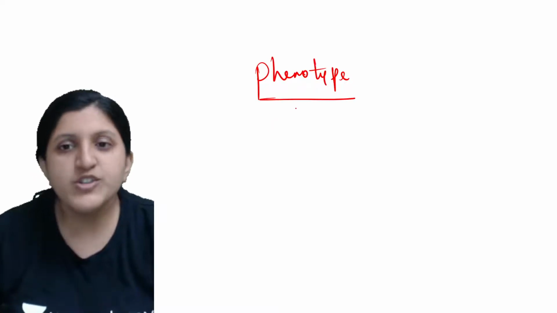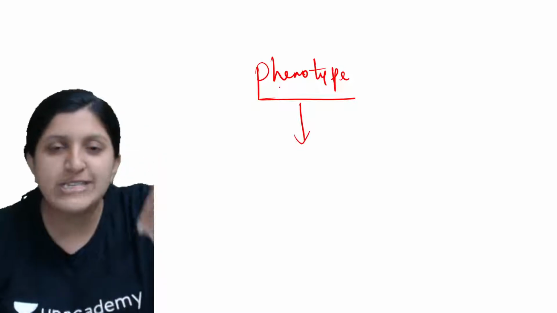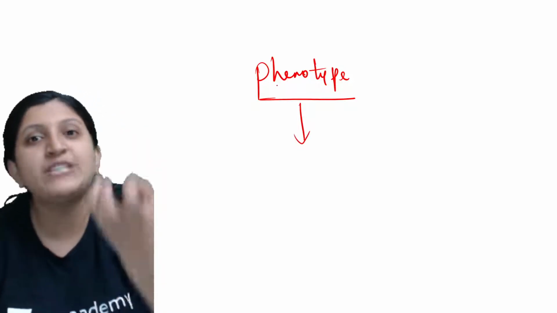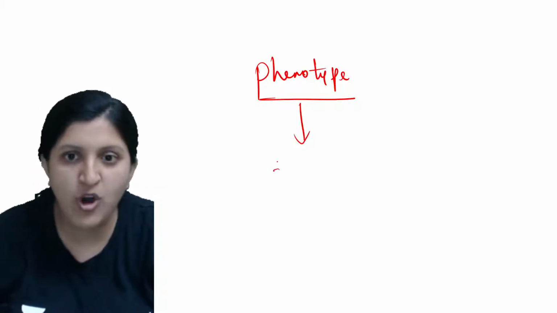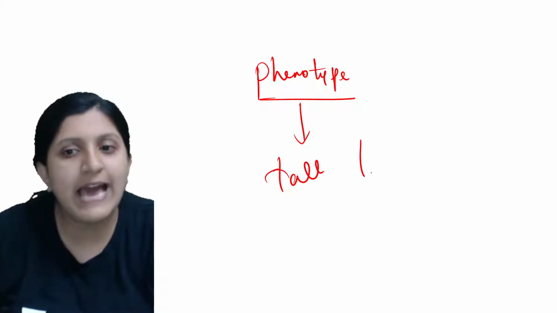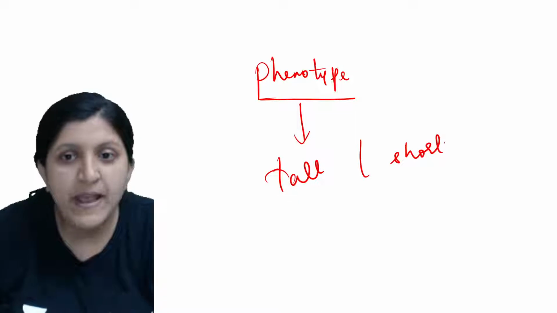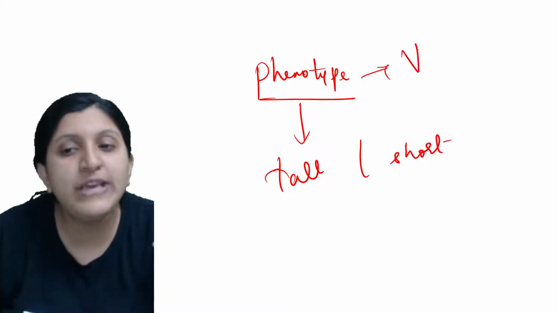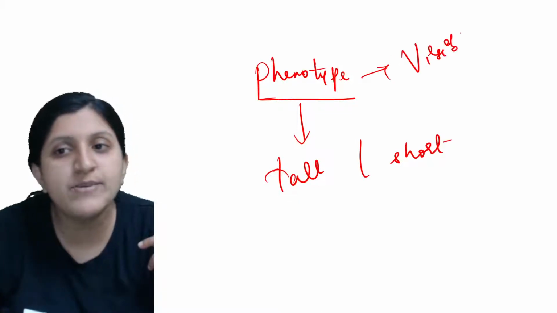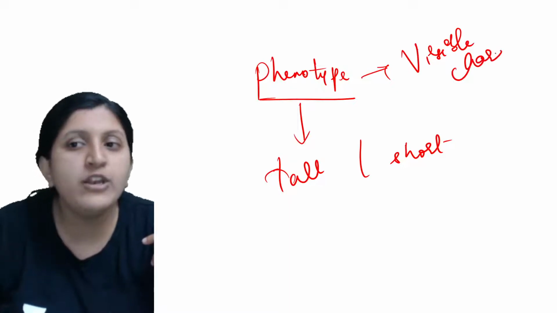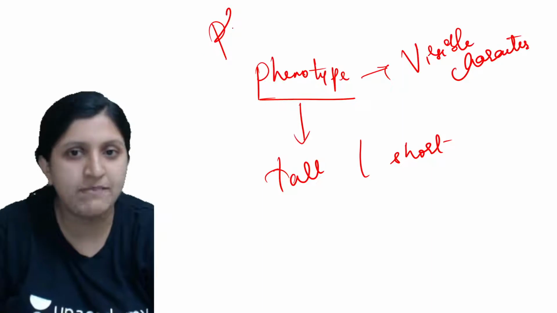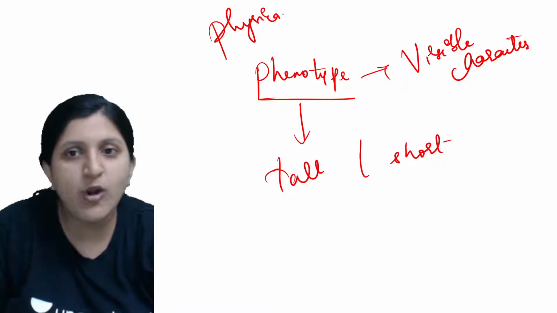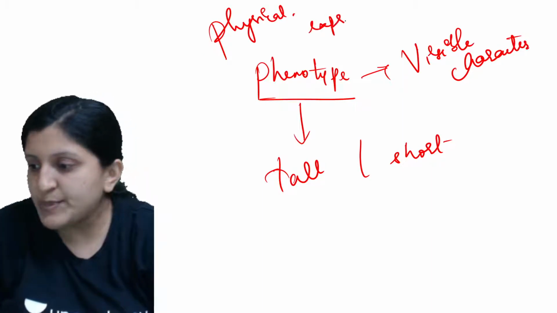You put a seed, and when it grows, you can see that the plant has grown tall or the plant has grown short. So the phenotype is basically a visible character when you observe it. It can also be called the physical expression.